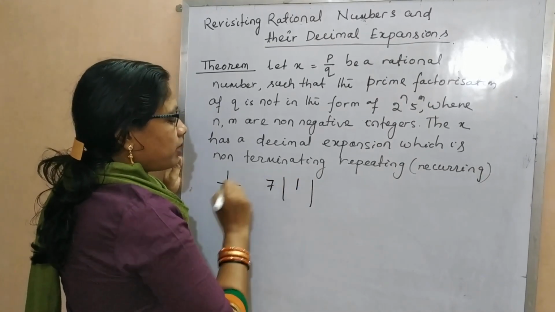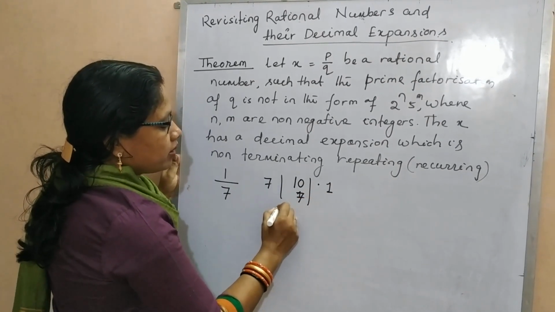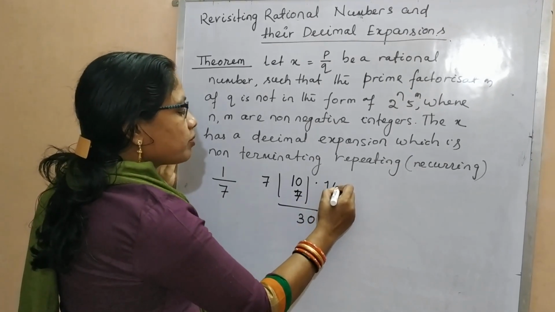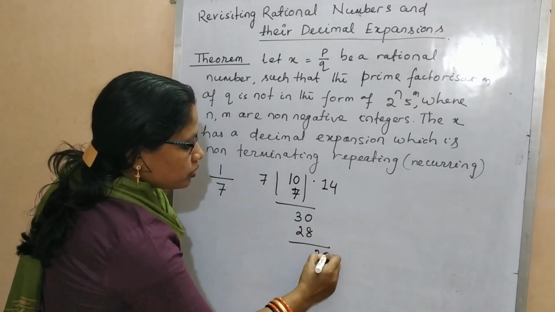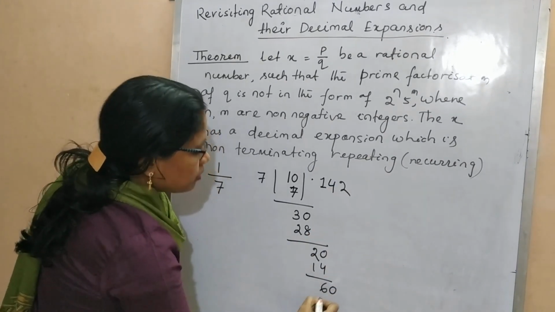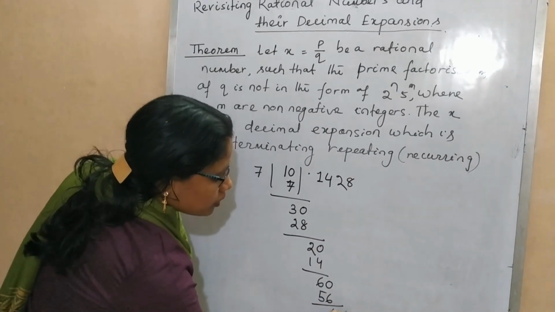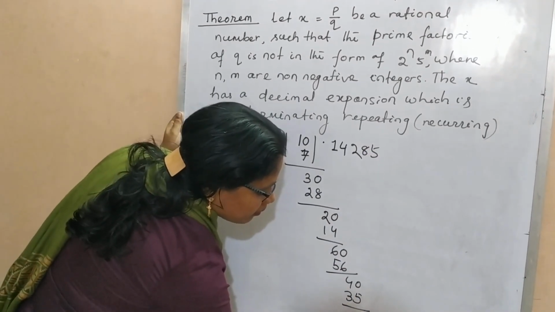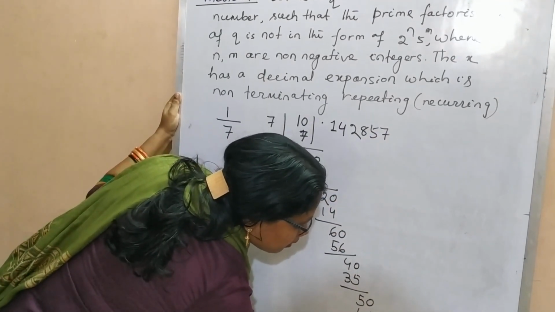This is 0.0, 7 1s are 7, then 3, then 0, 7 4s are 28, then 2, 0, 7 2s are 14, then 6, 0, 7 8s are 56, then 4, 0, 7 5s are 35, then 5, then 0, 7 7s are 49, then it comes 1.